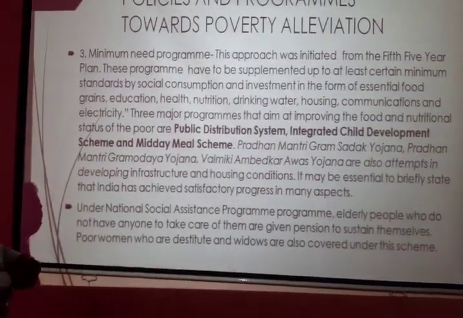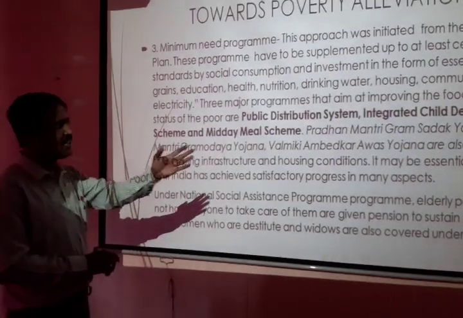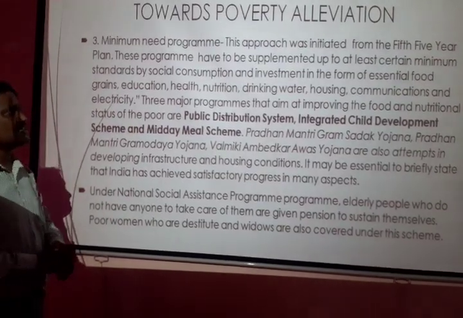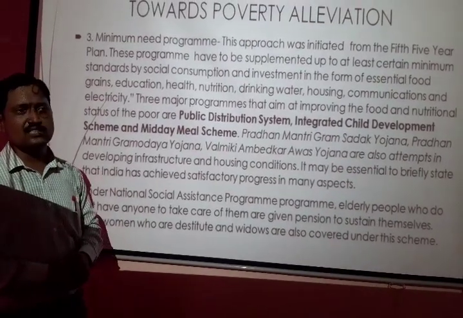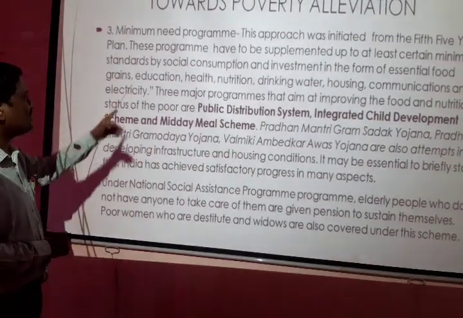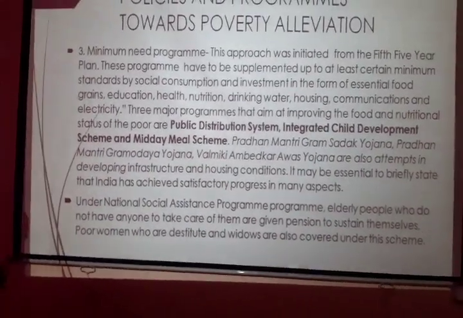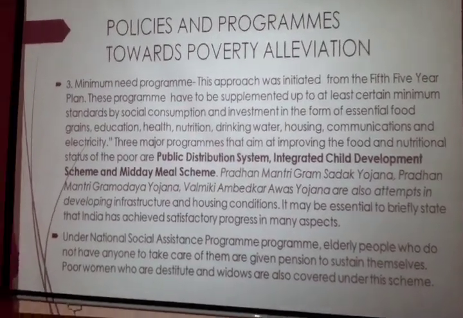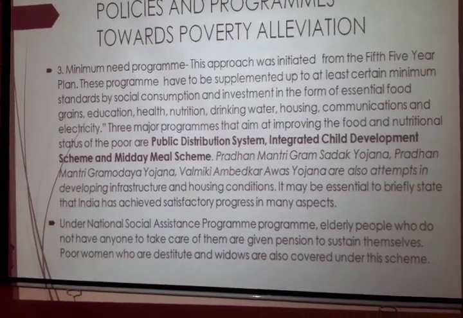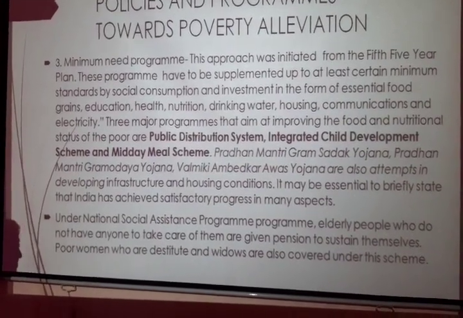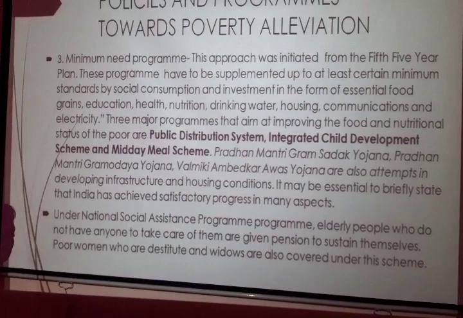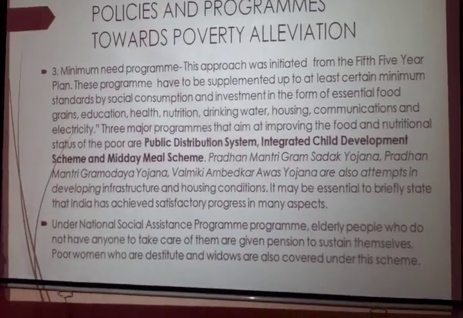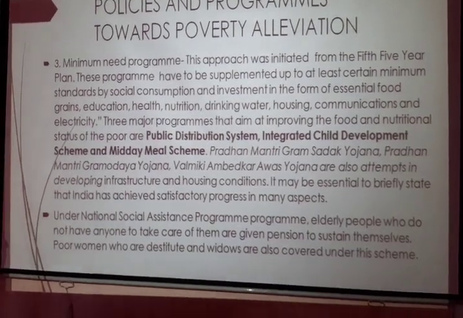What are the social consumption needs? There is a need for food grains, education, health, nutrition, drinking water, housing and communications. On these heads the government will spend. Three major programs that aim at improving the food and nutrition status of the poor are the public distribution system, integrated child development schemes and midday meal schemes. All of you know the public distribution system.